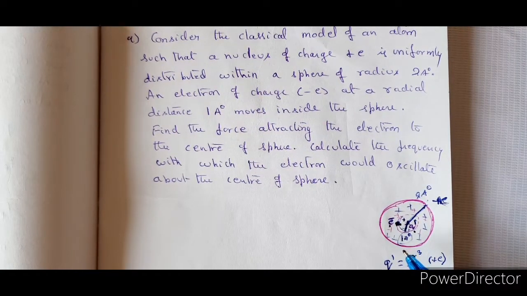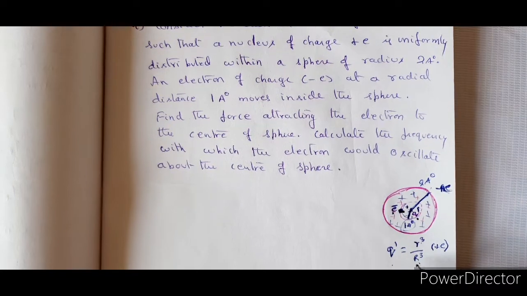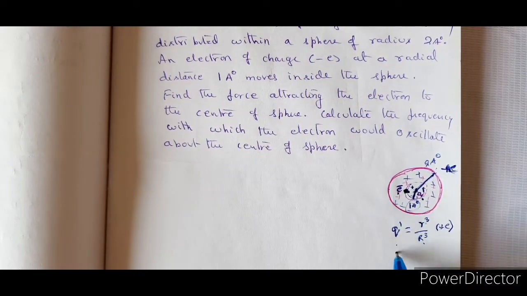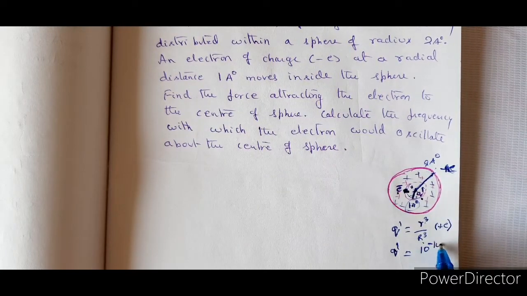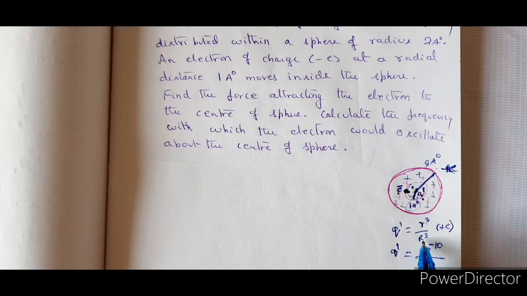Right? So therefore it is 4/3 pi r cube, the charge is directly proportional to r cube. So therefore q prime by e is equal to small r cube by capital R cube. So what is the charge on this one? That is q prime is equal to small r is 1 angstrom, that is 10 power minus 10 meters, divided by, again, what is this one?